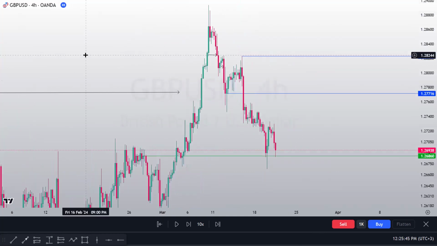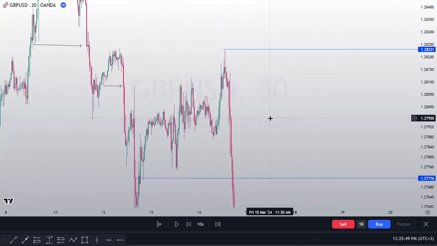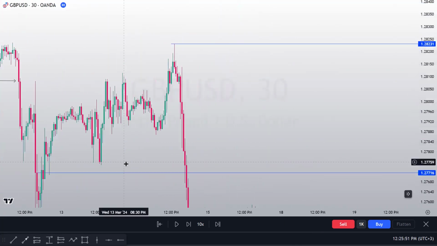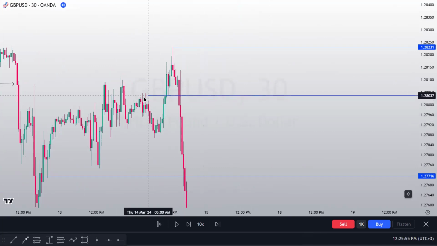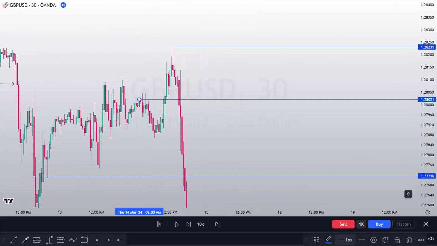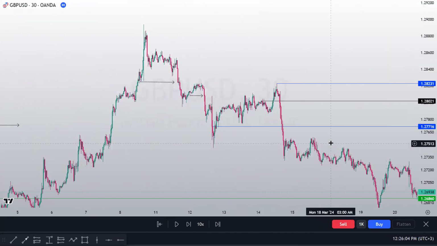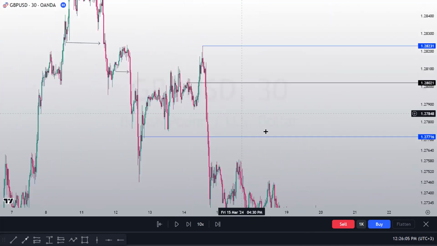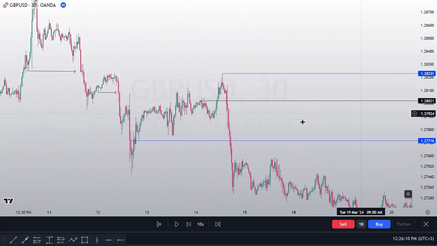So clearly coming to the 30 for refinement, a lot of people are actually confused on how this trade was taken. The trade was taken very simply, considering this as the liquidity engineering. No more refinements on that specific area. No more refinement, but also, no, I won't explain this.